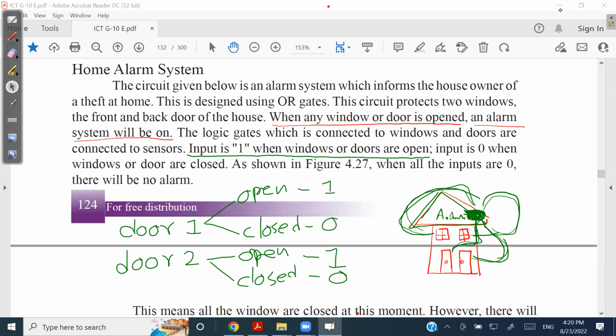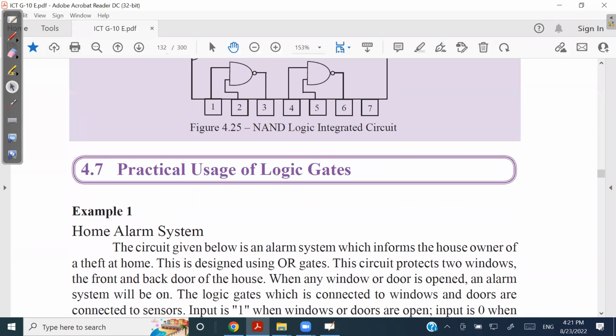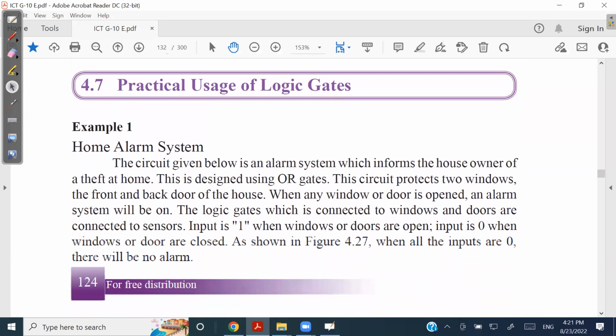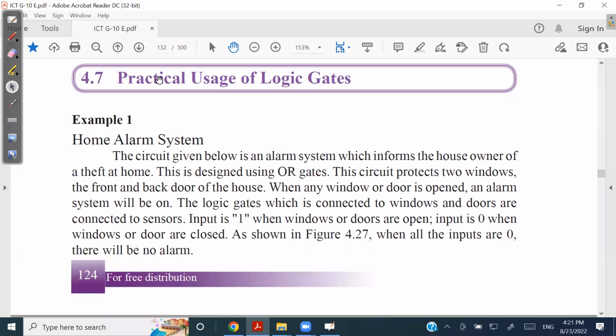Then I'll take you through the writing part that we have done. So, first of all, let's have the heading: practical usage of logic gates. I'll highlight the things.